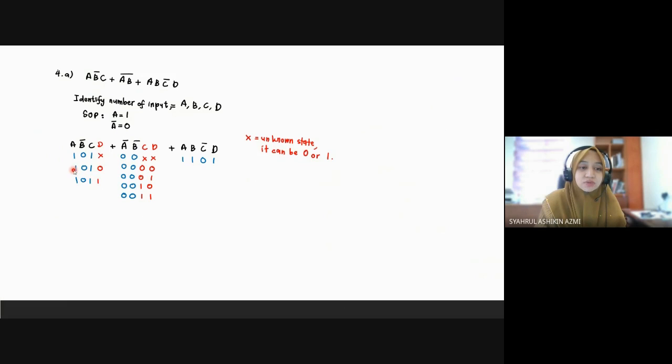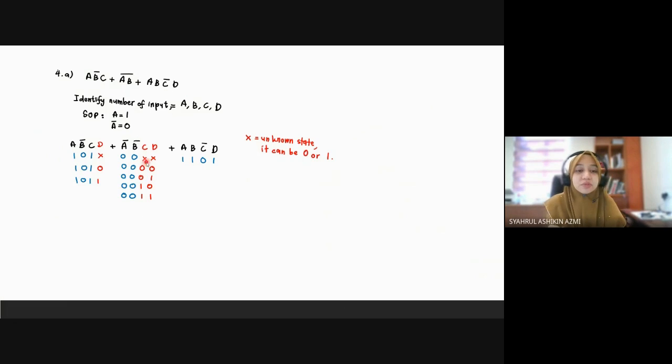So for the first expression, we have 2 possible input combinations that lead us to an output of 1, which are 1010 or 1011. Then we move forward to the next expression here, which is A bar, B bar. We have 2 variables, so we're missing another 2 variables, which are C and D.